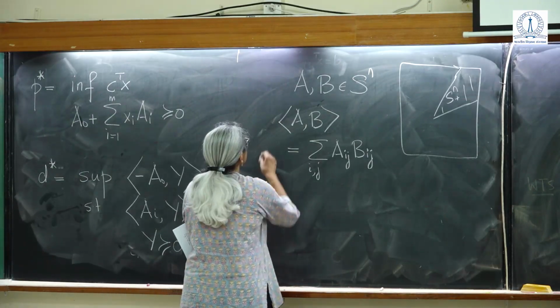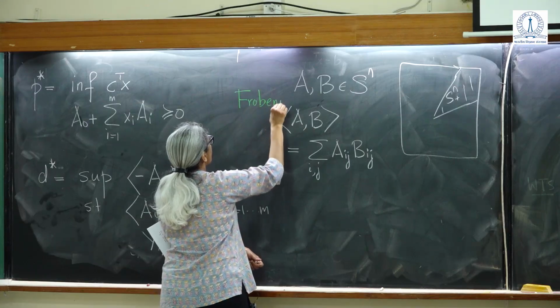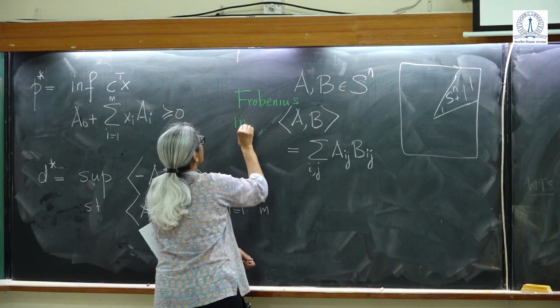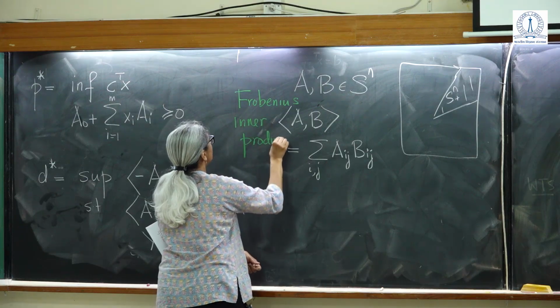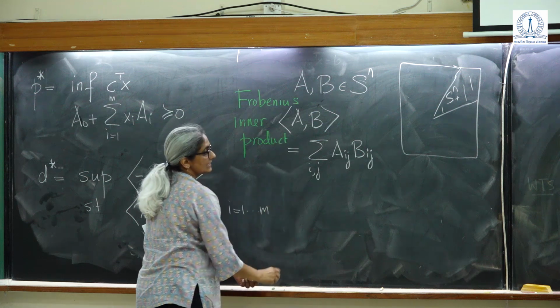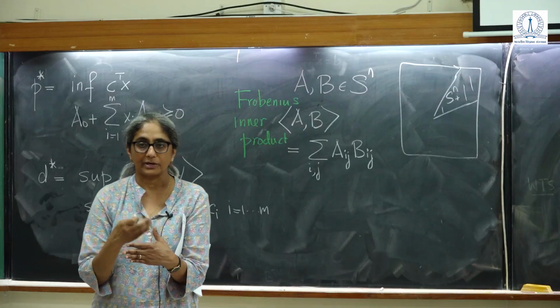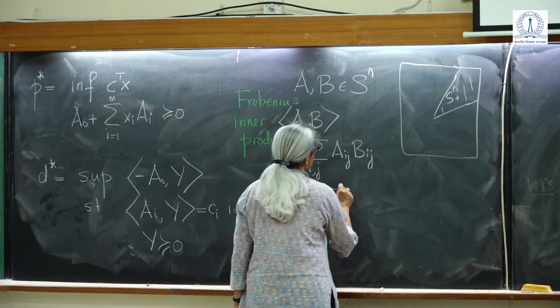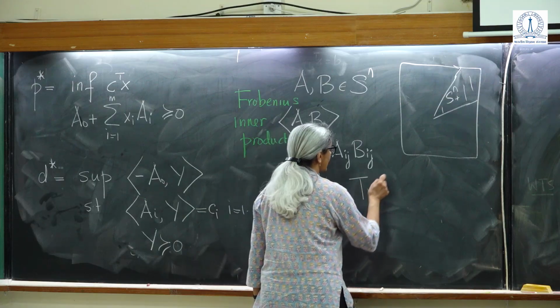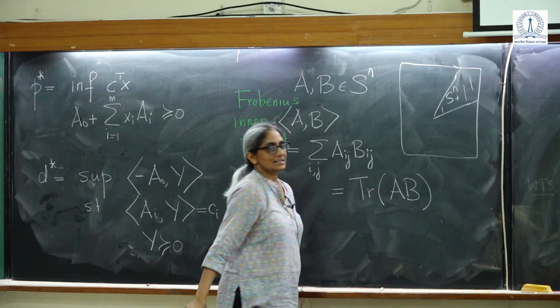That's what's happening. This is called the Frobenius inner product. It is basically just treating the matrix as a long vector in Euclidean space and taking the usual dot product. Now, you can check that this is the same as taking the trace of A times B. Let's leave this as an exercise.